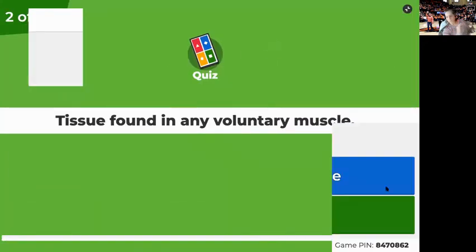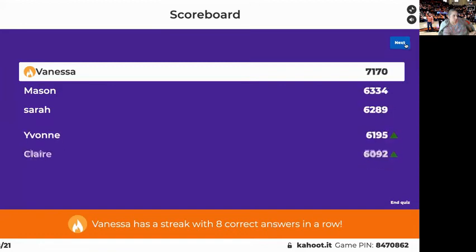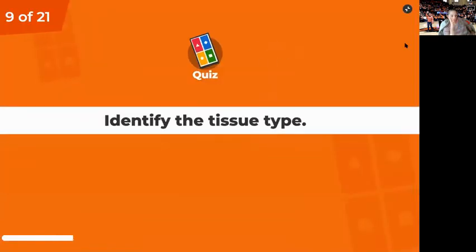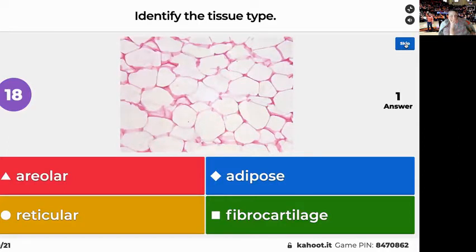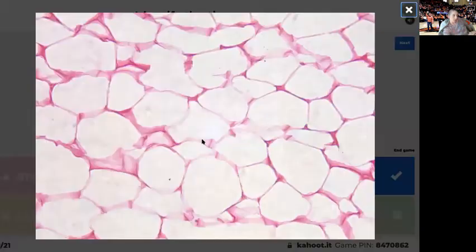Tissue found in any voluntary muscle. Yes, adipose. Adipose is just another word for fat. This is one of the ones that eventually you'll get really good at identifying.